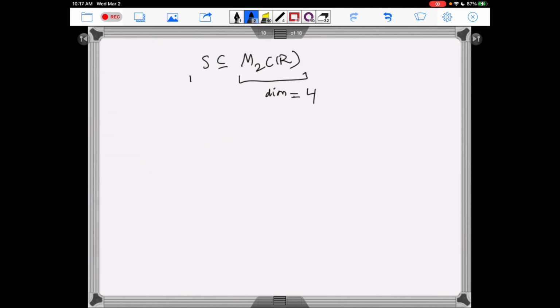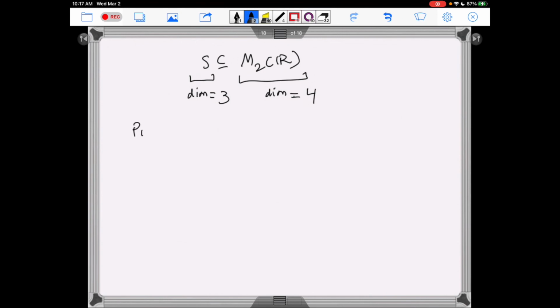Remember, 2 squared. 2 times 2 is 4. And this guy we just found has dimension 3. And so really, all we need to do is add one more matrix into that set, and then it must span the whole thing. But we need to make sure we add something that's not already in the span. Okay?